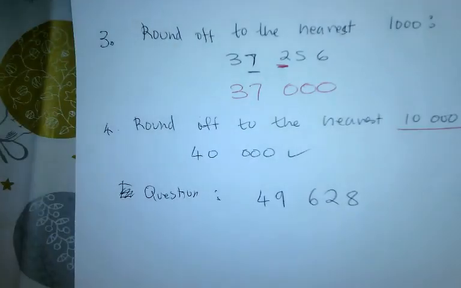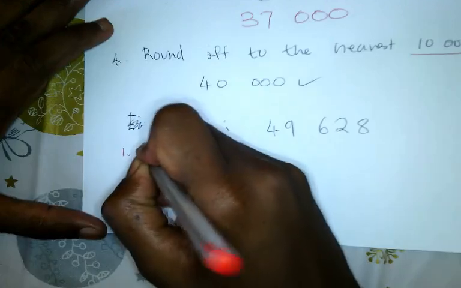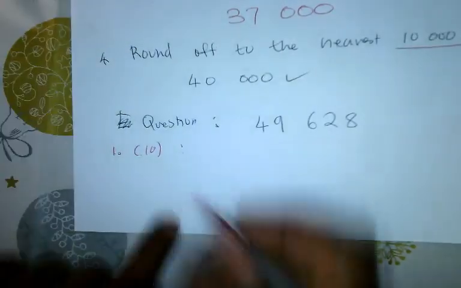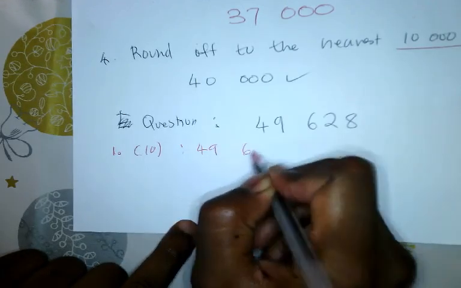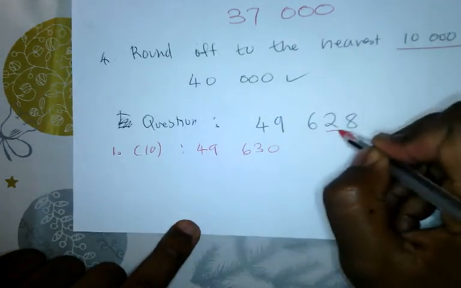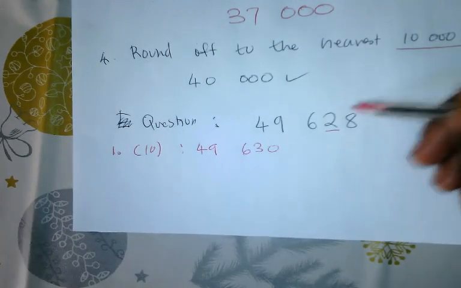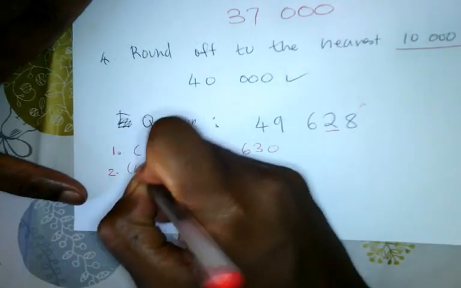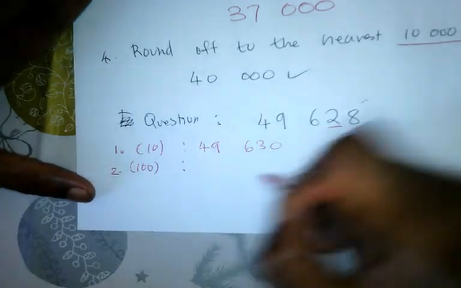Okay, let's do it. To the nearest 10, what will be the answer? 49,630. Because the 10 is here, you look at this number, it's more than 5, so we round up, right? What about to the nearest 100? 49,600.